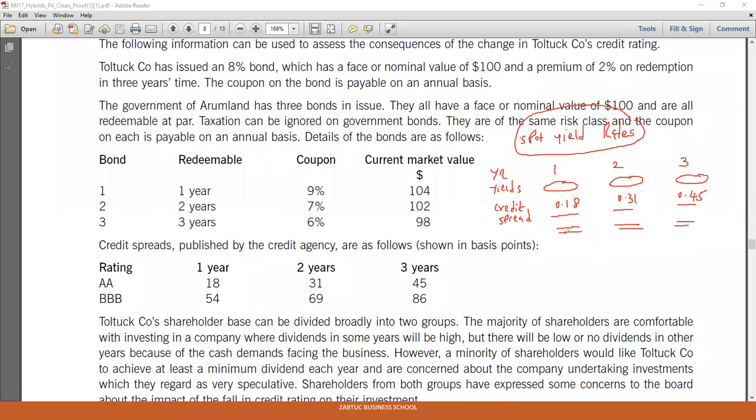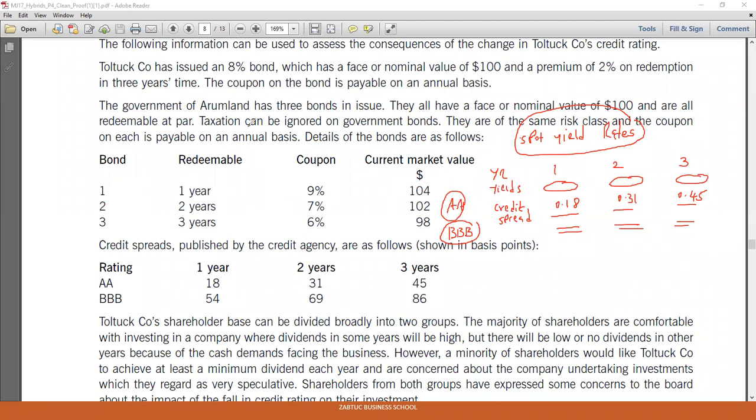Once you have these yields, you could use them to calculate the market values. This is under AA. And you repeat the process under BB. So this is what was missing.